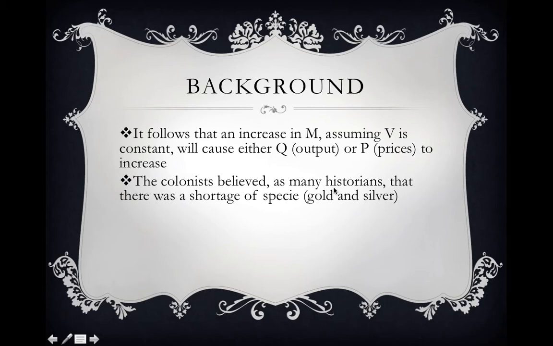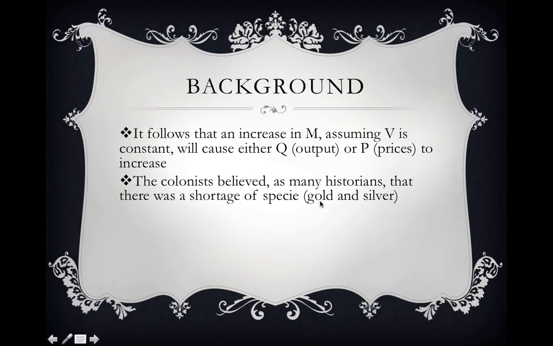All right, so realize that, and also realize that colonists and many historians, now I'm not talking about economic historians, I'm talking about historians, said that there was a shortage of specie. So make sure you understand that difference: when colonists and historians were talking about what was going on in the colonial period, they referred to money exclusively as gold and silver coin. And remember, economists have a much broader definition of what constitutes money.